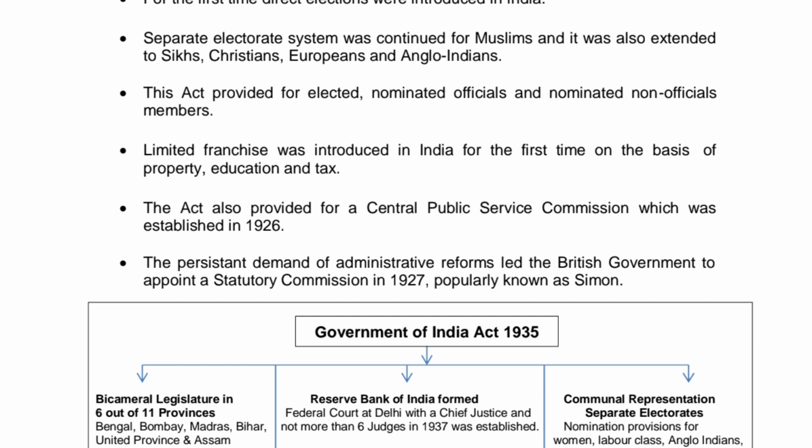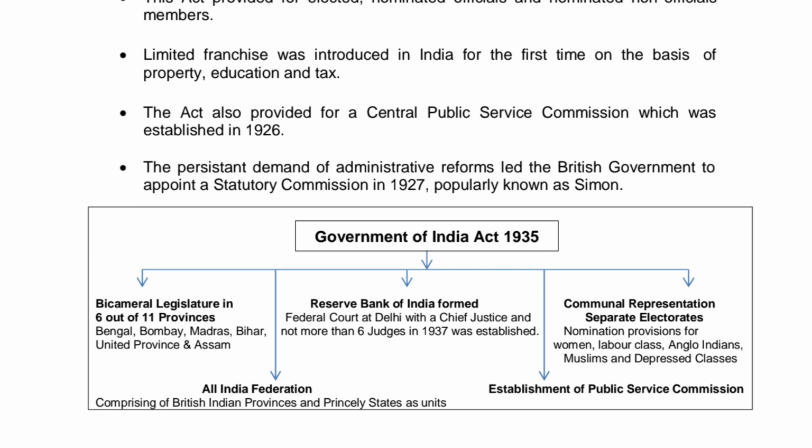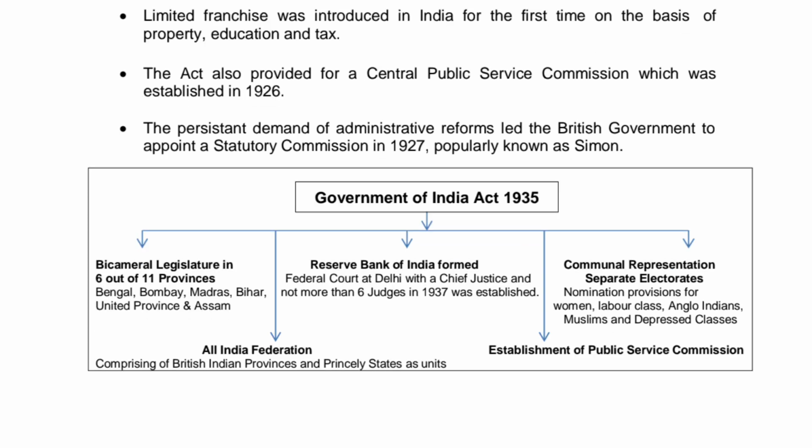This act provided for elected, nominated official and nominated non-official members. Limited franchise was introduced in India for the first time on the basis of property, education, and tax. The act also provided for a Central Public Service Commission, which was established in 1926.